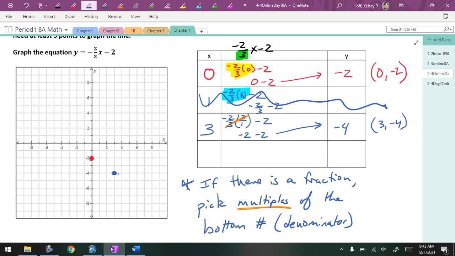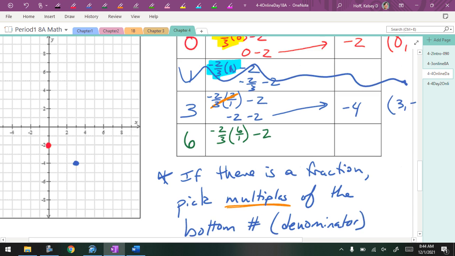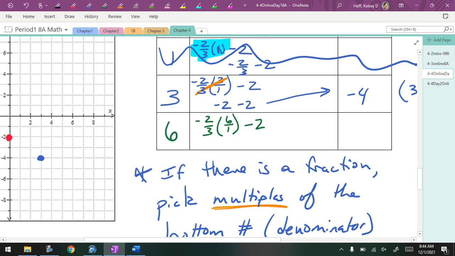So if I say a multiple of the denominator, 6 would be one to plug in. Very good. I'm impressed you guys remember what the word multiple means. Okay. Negative 2/3 times, are you okay if I put 6 over 1? Minus 2. Okay, what happens on this one? You can reduce 3 divided by 6. Yep, so 3 becomes a 1, 6 becomes a 2.